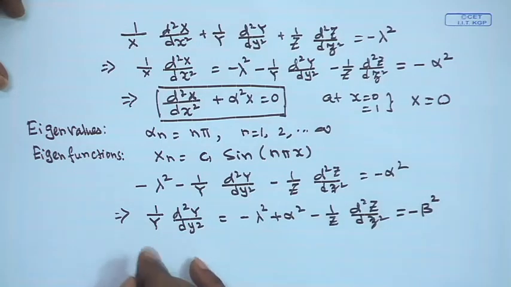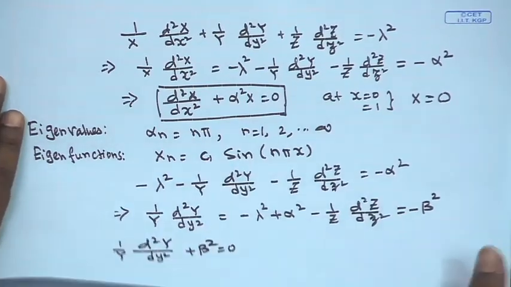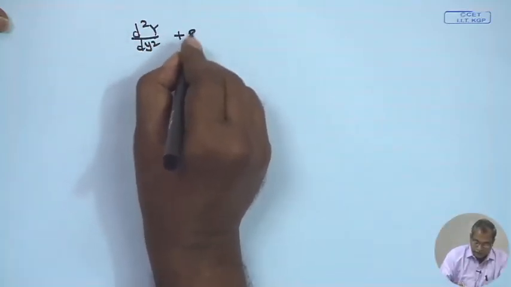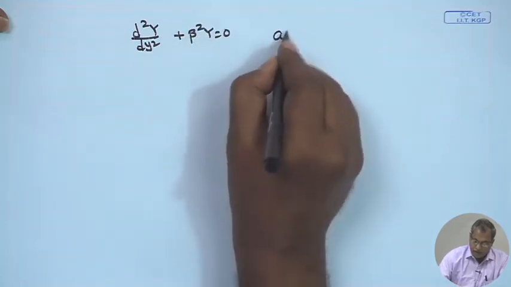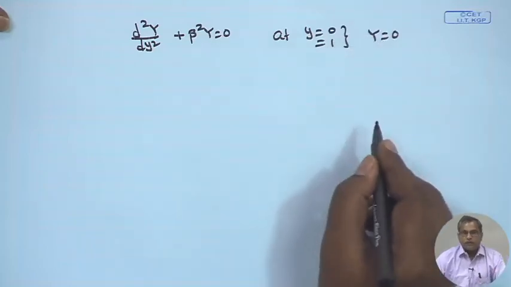So, we will be having the standard eigenvalue problem in the y direction, d square Y dy square plus beta square Y is equal to 0, at y is equal to 0 and 1, capital Y is equal to 0, because the boundary conditions of the y varying part should be satisfying the boundary condition of the original problem in the y direction.